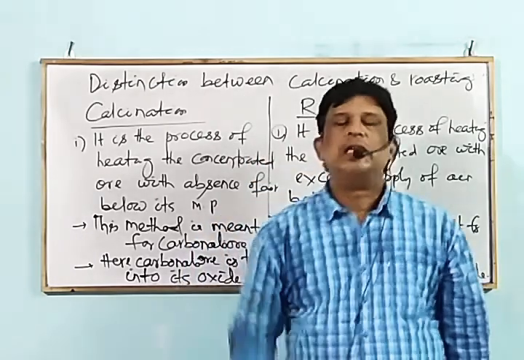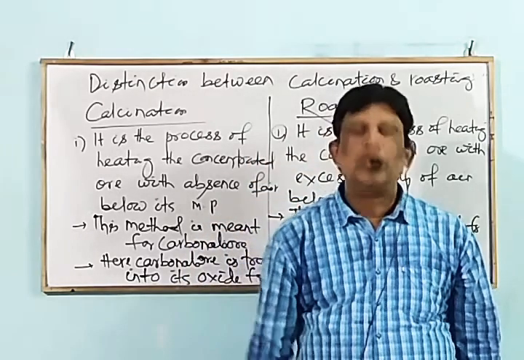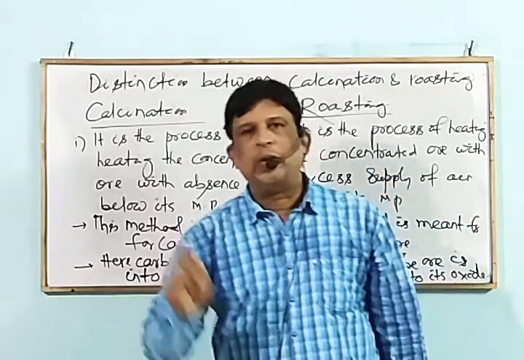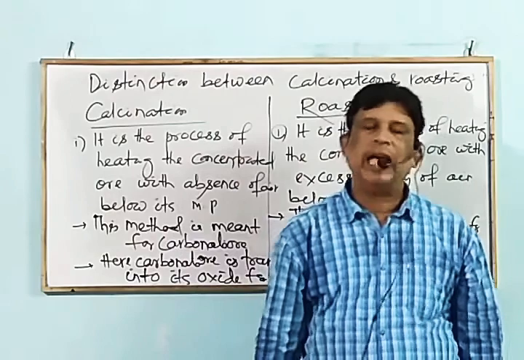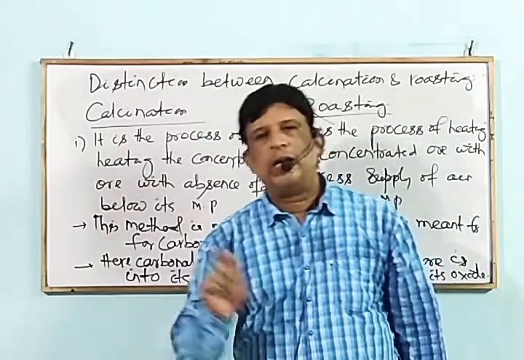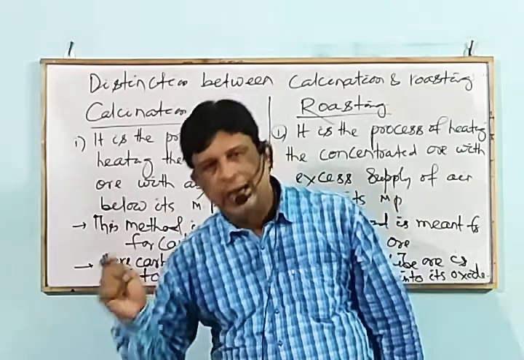That means step 1 is complete: conversion of concentrated ore into its oxide form. Next, step 2: conversion of oxide ore into its reduced form.